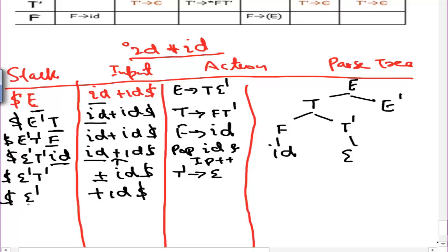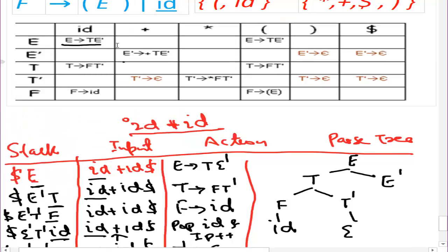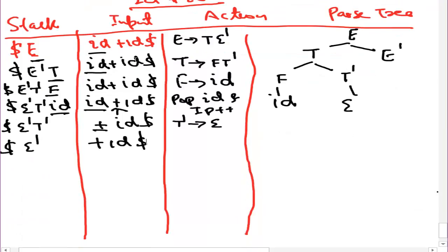Now what else? E prime and plus. See the table, e prime and a plus. It says use e prime goes to plus te prime. So here I'm going to use e prime goes to plus te prime.